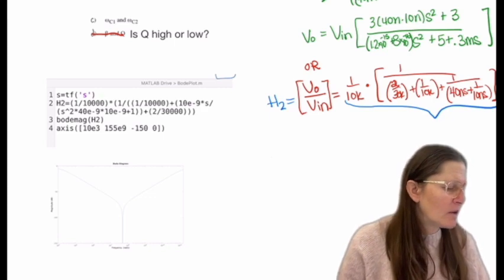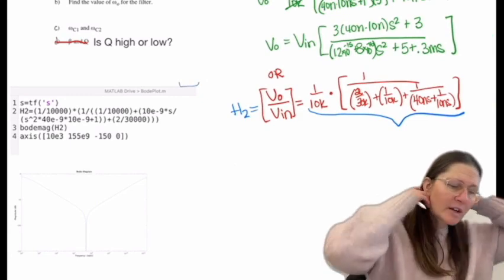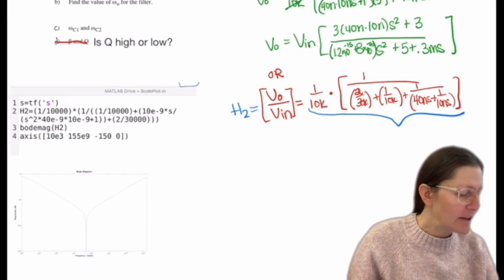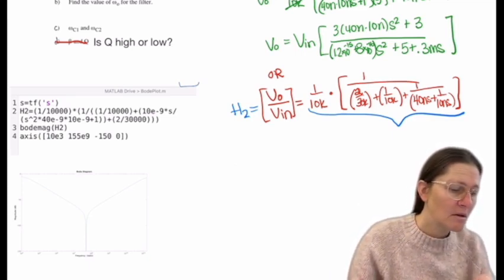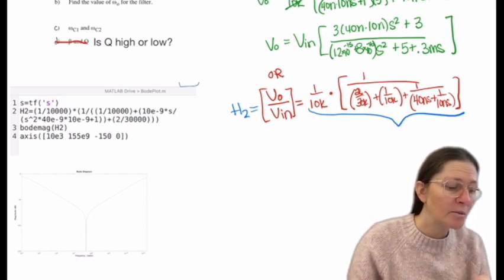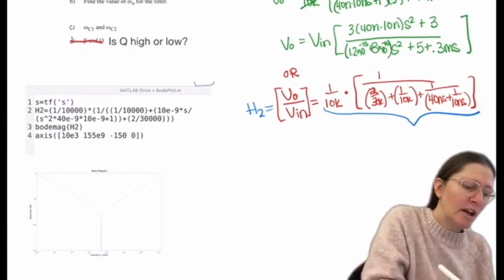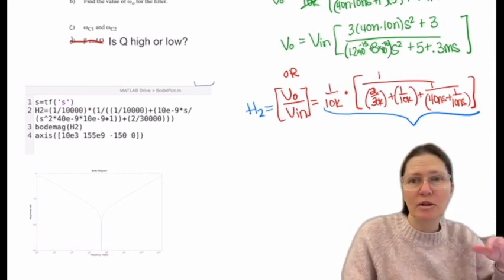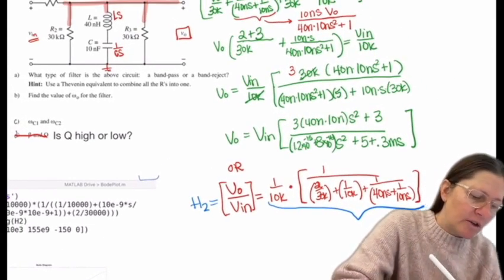So I put 1 over 10,000 times the 1 over 2 times 30K plus 1 over 10,000. The 30K and the 10K changed to 5 over 30K? Yeah, 5 over 30K would be fine. And then you can either write it as 1 over 40 nano S plus 1 over 10 nano S, or you can combine that to give you a common denominator for this term.